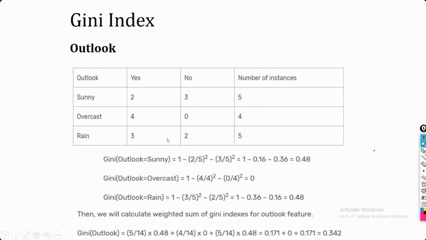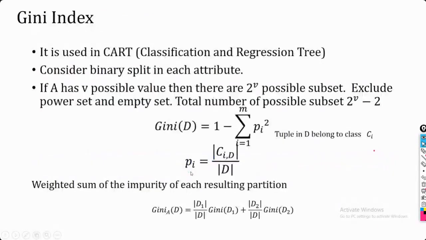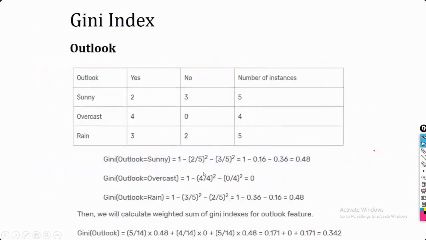Okay. So first we are going to calculate this part. It is 1 minus positive and negative, so that you can calculate it. Same we are going to do with your overcast, and same with your rain. Next we are going to calculate the weighted summation of all these values.